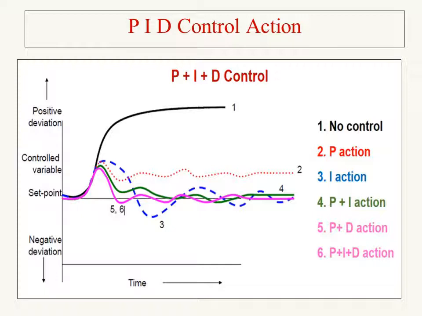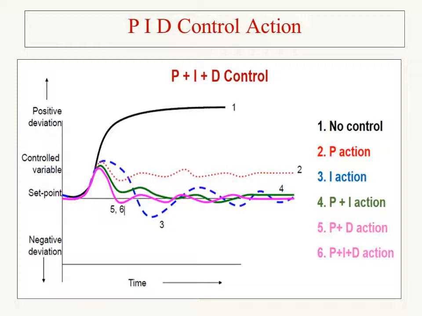If you use P action, say for curve 2, that is P action, we can have a difference. The difference is nothing but the offset, or the steady state error. Then for the I action, it is the third. See, it starts with this blue dotted line. The number of oscillations increases if you use only I action.